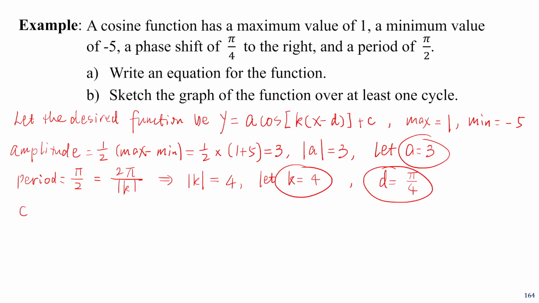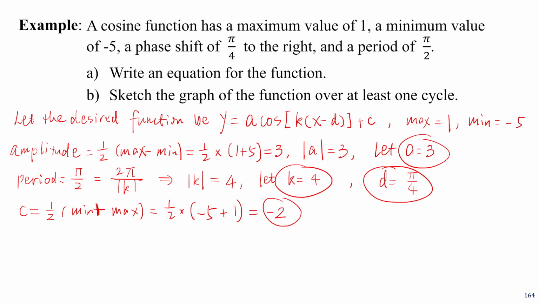And last, c. c is the vertical shift, up or down. That's actually the equilibrium position of the function. It always equals a half of the minimum plus the maximum. So in this case, that's a half of -5 plus 1, right? And that gives us -2.